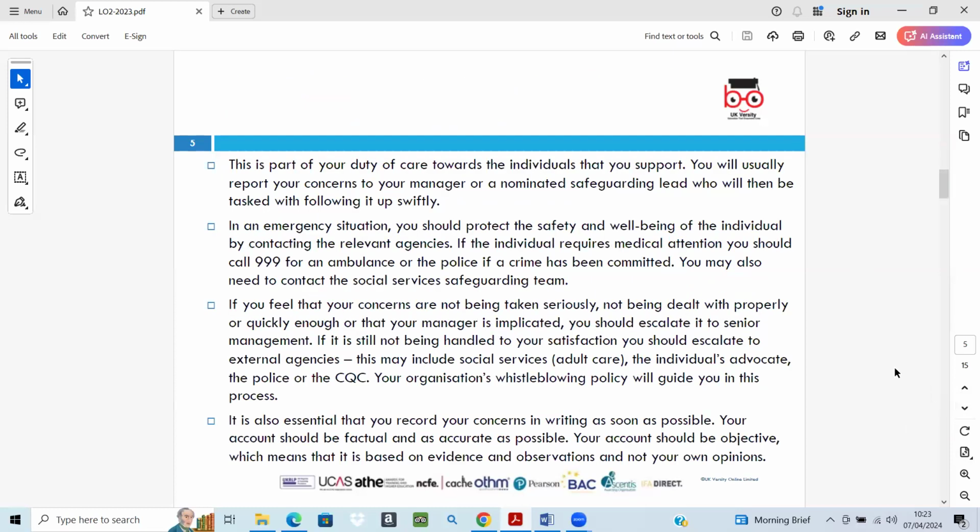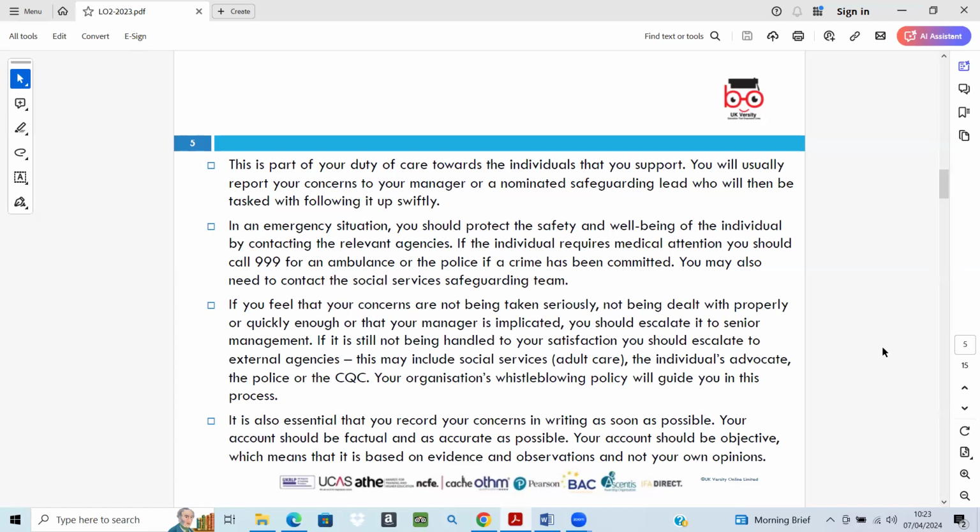This is part of your duty of care towards the individual that you support. You will usually report your concerns to your manager or a nominated safeguarding lead, who will then be tasked with following it up swiftly.